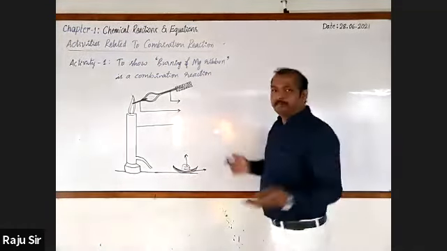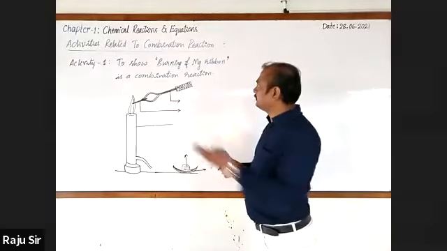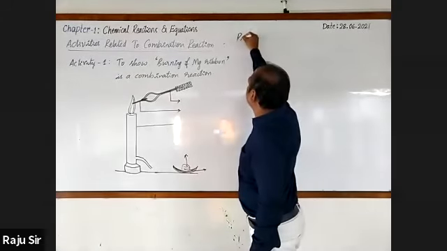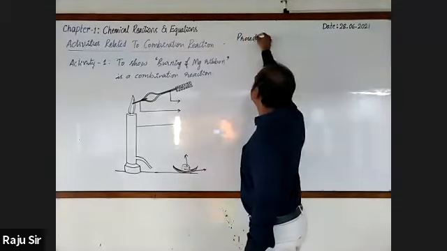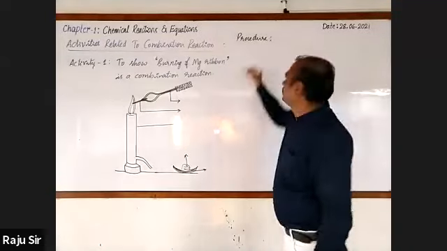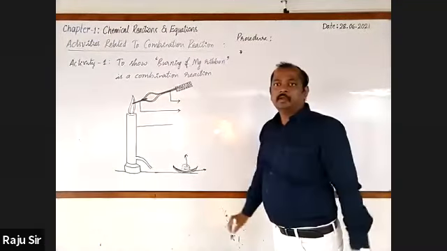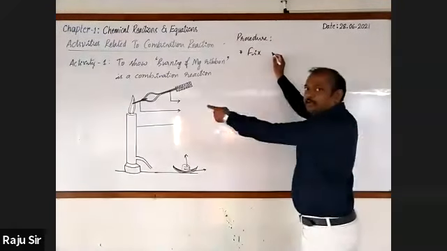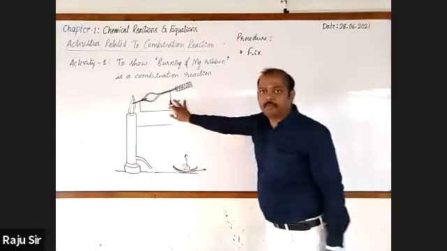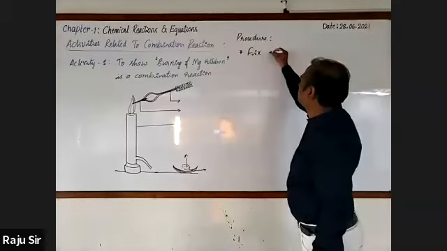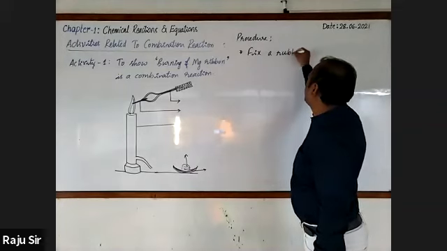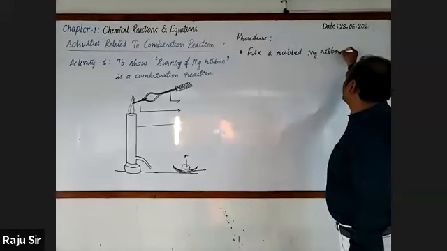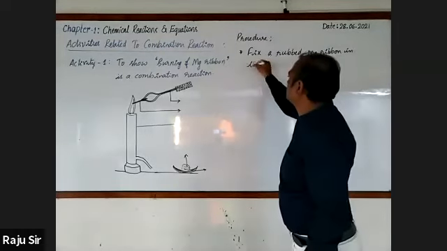Then, I'll give you just 2 to 3 points with respect to this activity. Procedure. Fix or hold the magnesium strip in the tongs. Fix or hold the magnesium ribbon in the test tube holder.